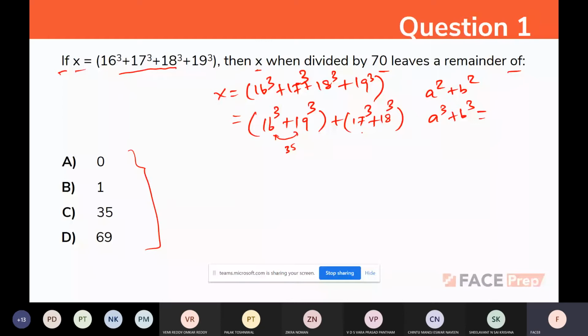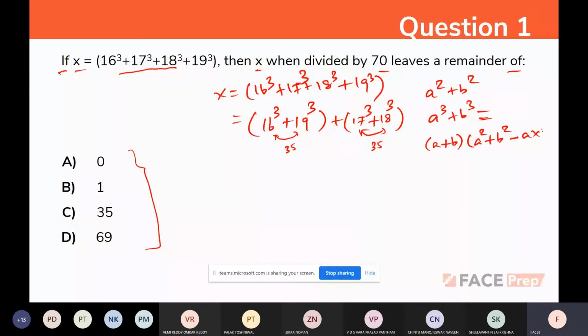So anyone tell me the formula for a cube plus b cube? Anyone? Okay, I will tell you, which is a plus b into a squared plus b squared minus a into b. So this is the formula. This is the key formula for this question.